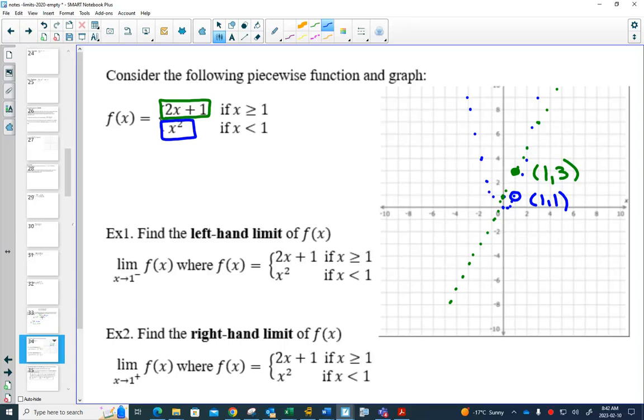Then to finish this graph, we just draw the appropriate piece. So for the green graph, it says only draw the green graph when x is bigger than or equal to 1. So that would be that section of my green graph. And for the blue graph, only draw it when x is less than 1.